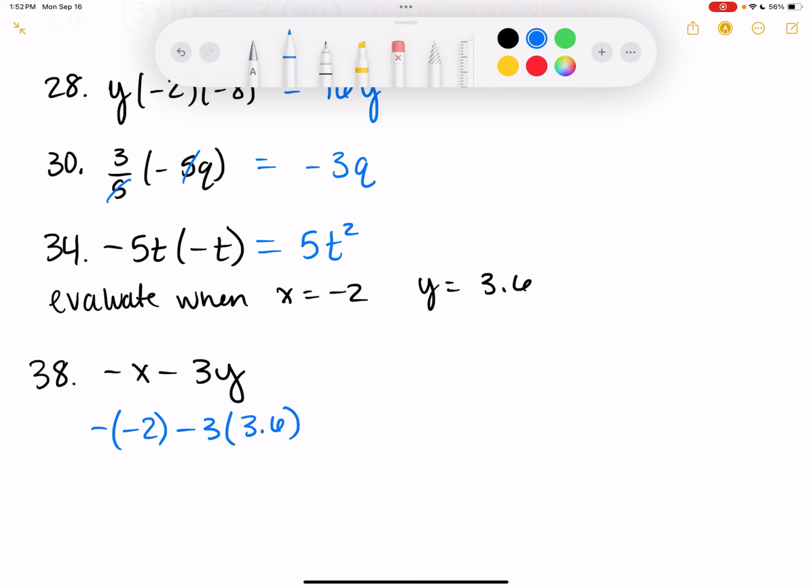And then you would continue working the problem. So what's negative times -2? That's going to be 2. And then what is -3 times 3.6? 10.8. And so then 2 minus 10.8 is -8.8.